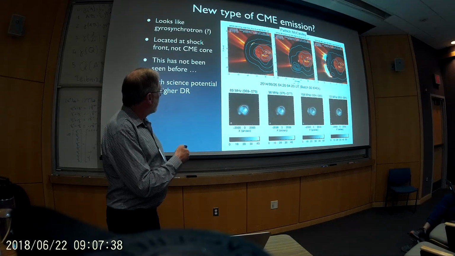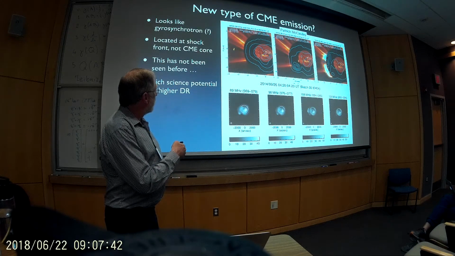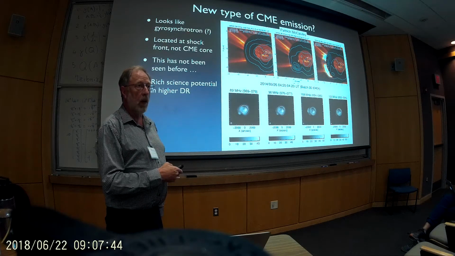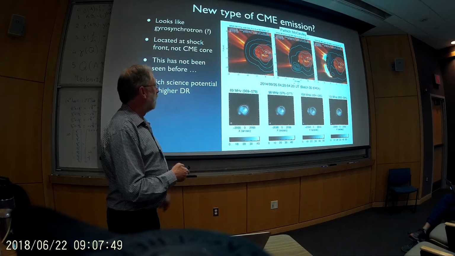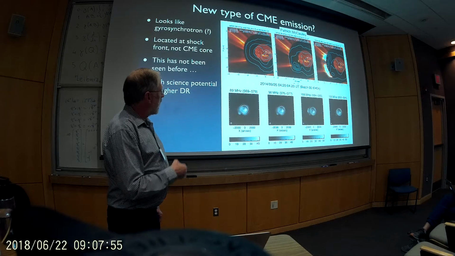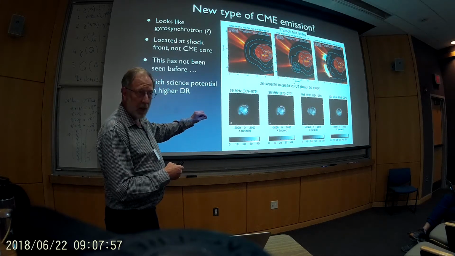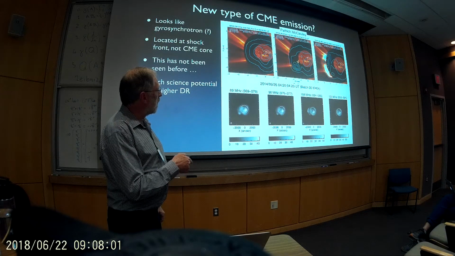MWA 80 megahertz is the blue contours, and this stuff here is white light coronagraph imagery that shows Thomson scattering from the electrons in the CME. And what you can see here in the UV image is a disturbance heading out from the far side of the sun, but in that general direction, and it is associated with this radio feature.